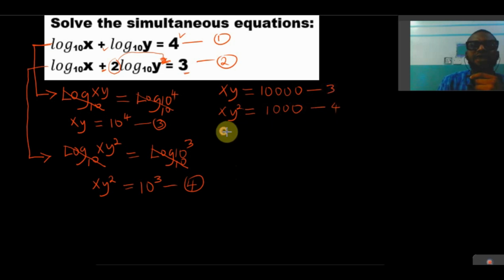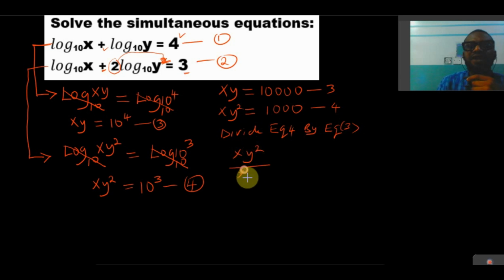Let me divide equation 4 by equation 3. So it means xy square over xy equals 1000 over 10,000.